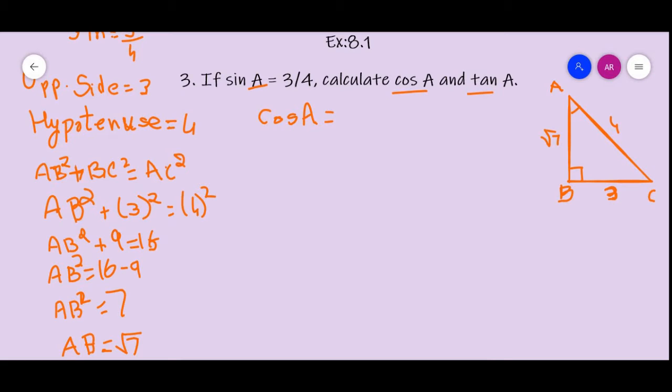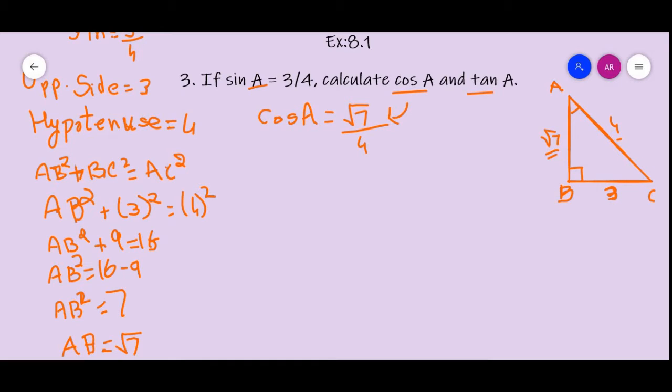It is going to be root 7 and not 4, because 4 would be the hypotenuse as it is slanting. Remember that the slanting side will be 4, which is the hypotenuse. You shouldn't take that. The other adjacent side you should be taking, which is root 7. So cos A would be root 7, and the hypotenuse, as I've said right now, is 4. So cos A will be root 7 by 4.